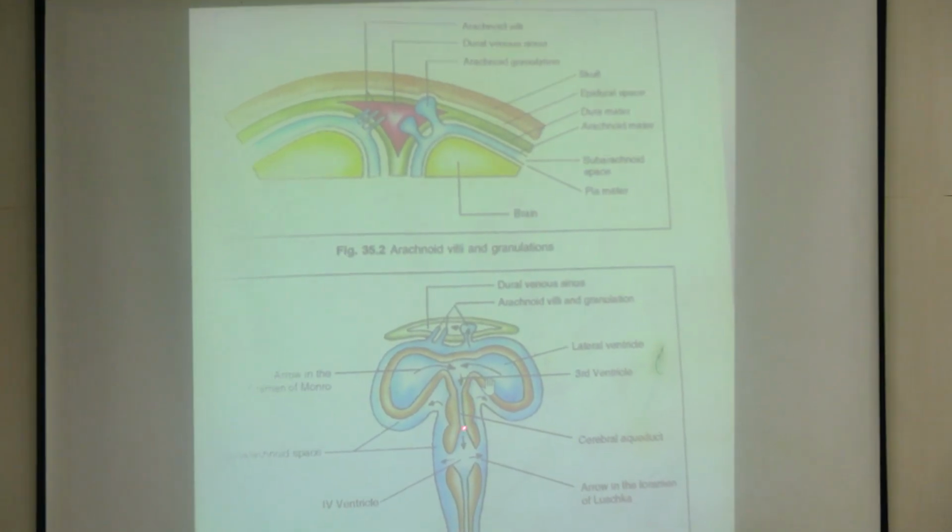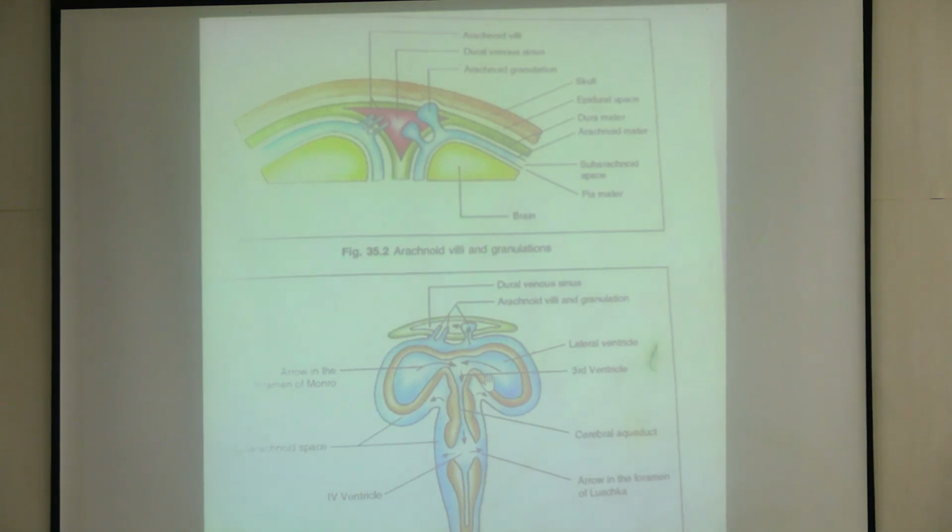Now this is the midbrain. This space is known as the cerebral aqueduct. The cerebral aqueduct passes through the midbrain, and this enlarged space below is known as the fourth ventricle. It lies behind the pons and medulla.